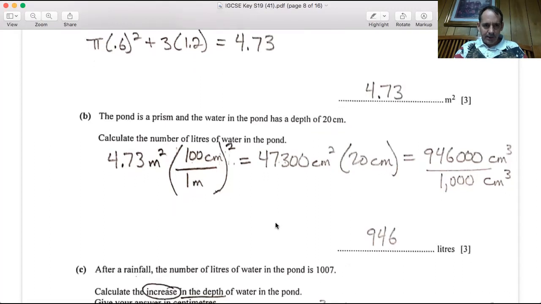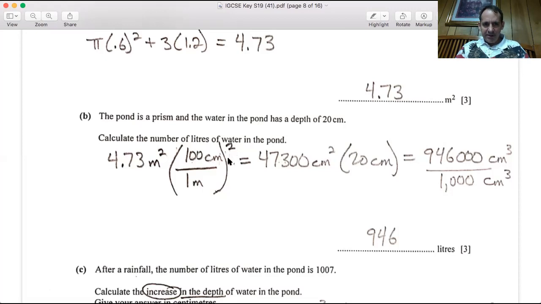And so we take our 4.73, which is already our area, and it's in meters squared. Notice our height or depth is in centimeters. So be careful of the units. We're going from meters squared now down to centimeters. So we need to convert that first. So 1 meter is 100 centimeters, and we need to square it because we're in area, not linear.